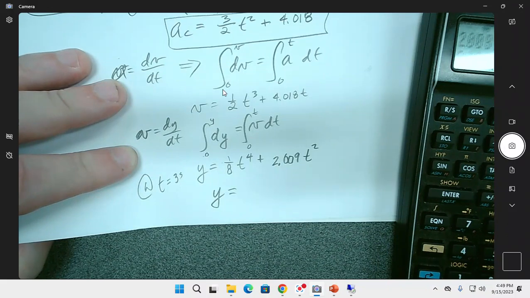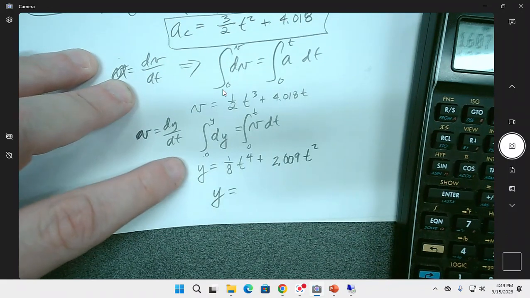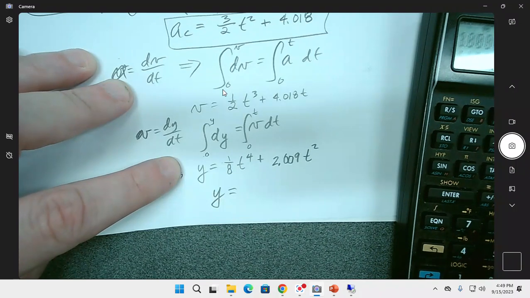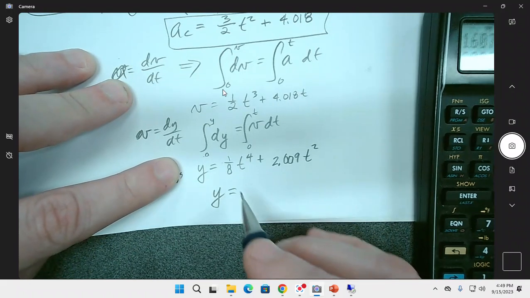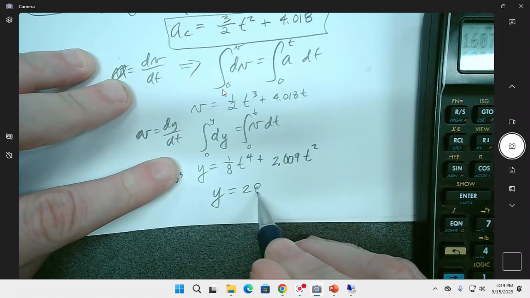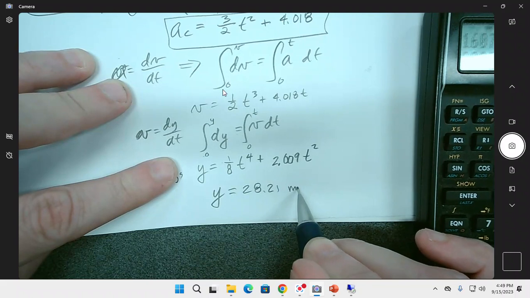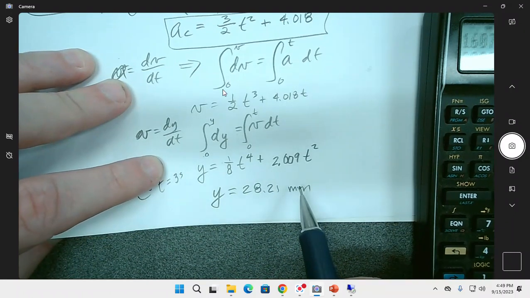So 9 times that, and then 3 to the 4th is 81 divided by 8, and then add, and so you get 28.21. And I'm guessing these are millimeters. No? Yes? No?